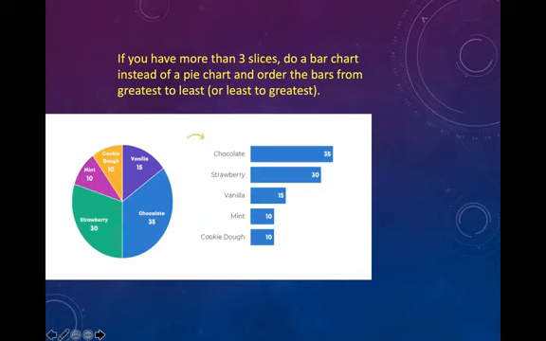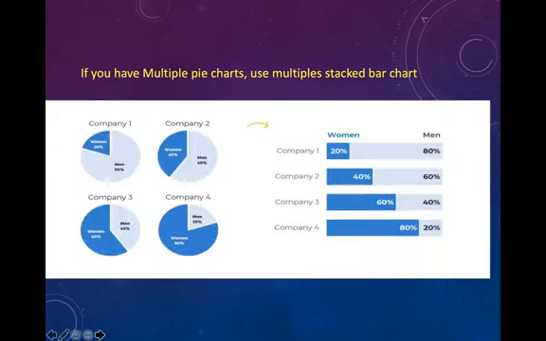If you have more than 3 slices, do a bar chart instead of a pie chart, and you can even order the bars from greatest to least or least to greatest. If you have multiple pie charts, use the multiple stack bar chart.